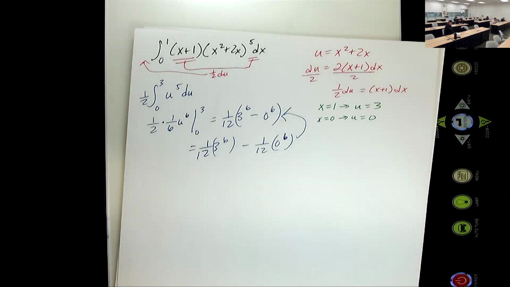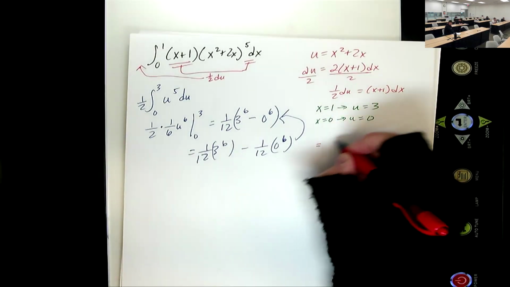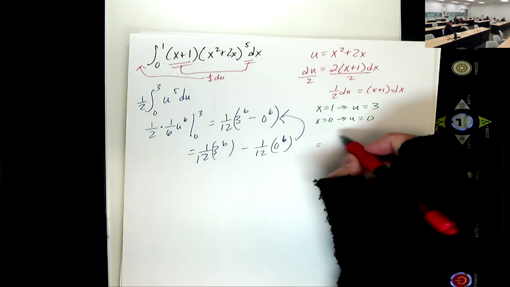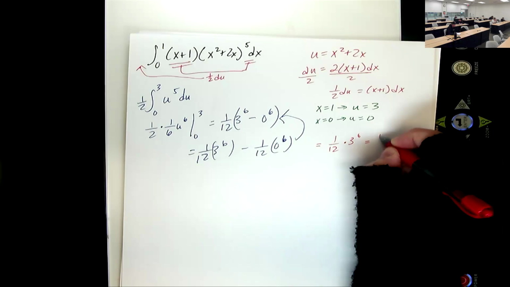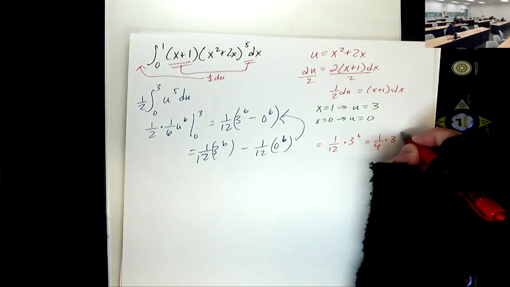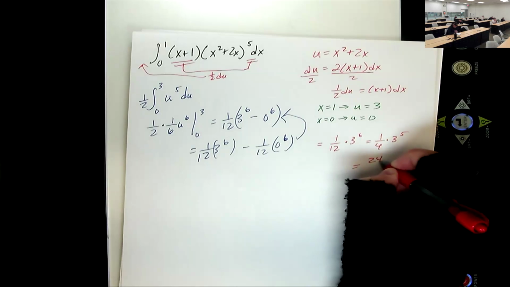Alright, so 1/12 times 3 to the 6th is like 1/4 times 3 to the 5th. 3, 9, 27, 81, 243 over 4.